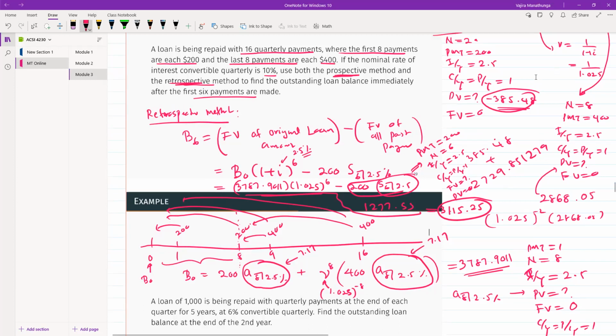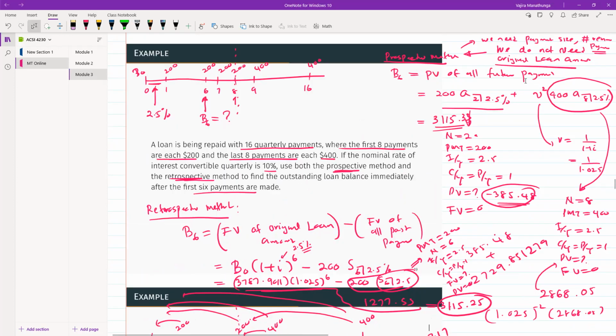Okay. So which is very close to the previous answer. So there's a small difference, but that's normal because we made some approximations, some rounding up and rounding down.